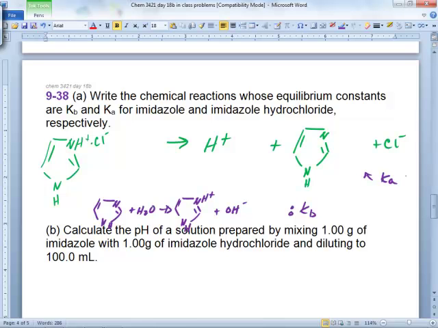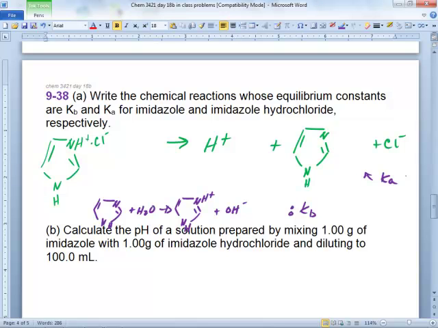Well, you could, but then you'd have to add it over here too somewhere. Looks kind of weird, but the reason why it's in the Ka reaction is because they said specifically write the Ka reaction for imidazole hydrochloride. If you want to write a Kb for imidazole, they didn't say anything about the hydrochloride being the acid form, so it's kind of left alone.